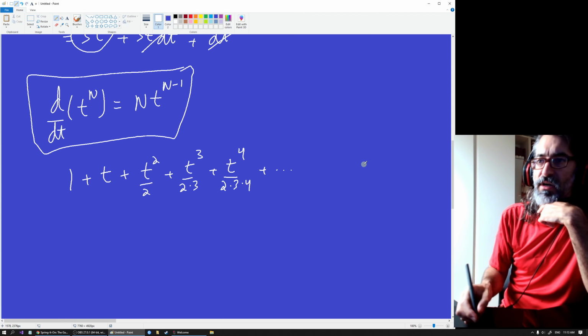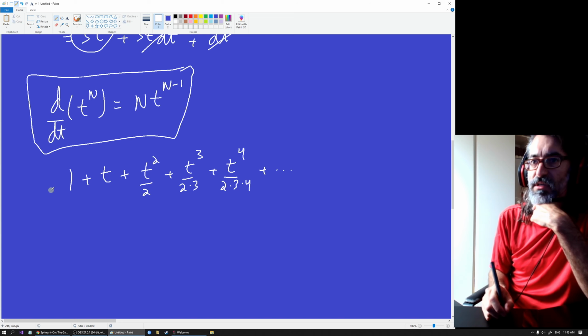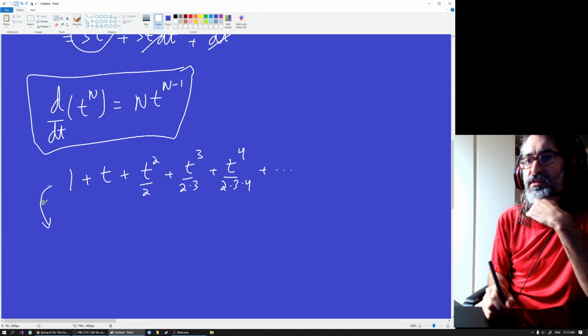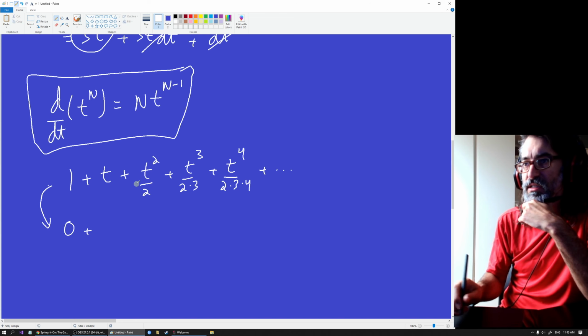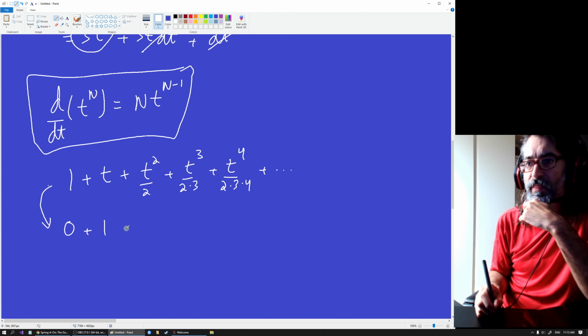And I say, try to find the derivative of this. It's going to be each term independently. So the derivative of 1, it's a constant, so the slope is 0. Derivative of t, what's the slope of this function t, which is just a line, it's going to be 1. Then the derivative of this, we bring the 2 in front, so it's going to be 2t.